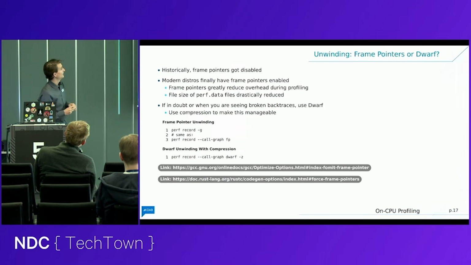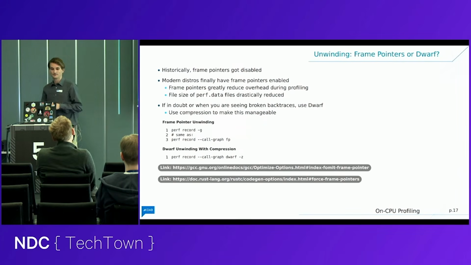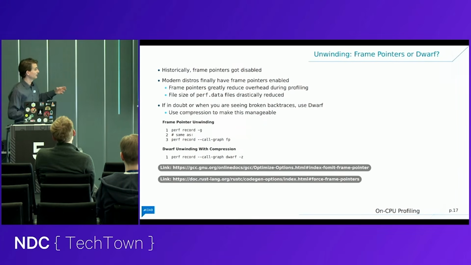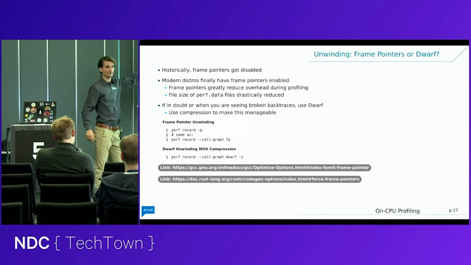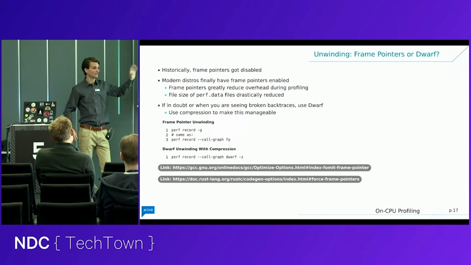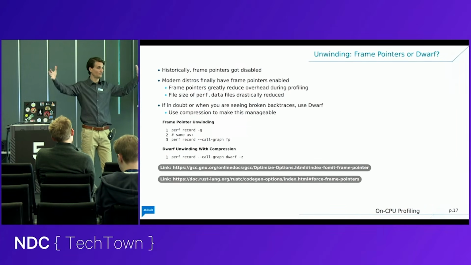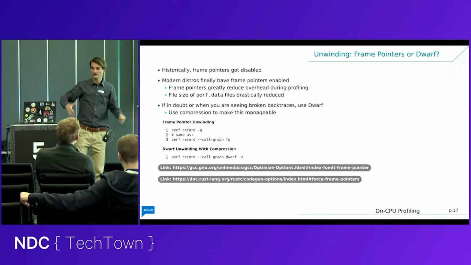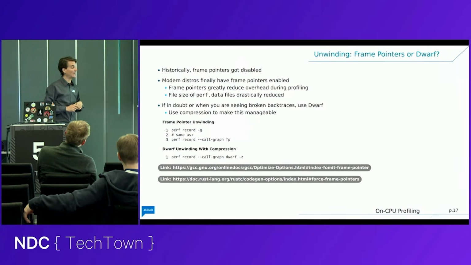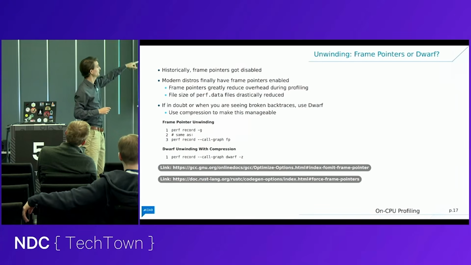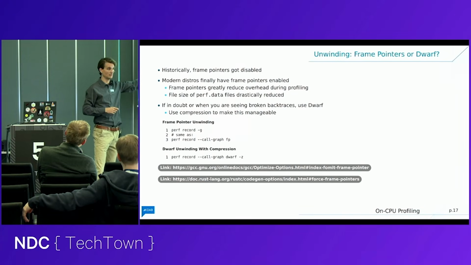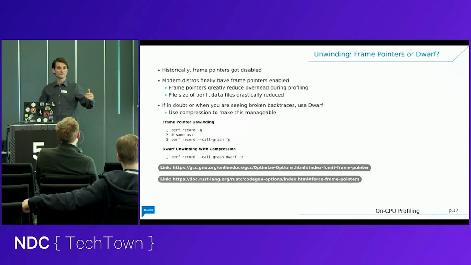Now, thing is, always copying the stack with each sample, especially on embedded devices, can be quite costly because these data files become really, really large. Thus, if possible, have a look at whether you can leverage frame pointers. And in Yocto, for example, there is an approach to do that, and in Rust it's even easier, because then the data files will become easily 10 times or 100 times smaller.